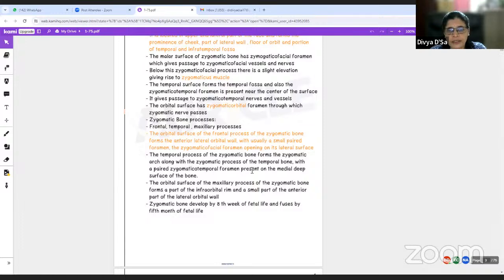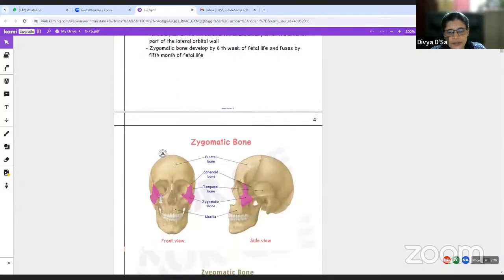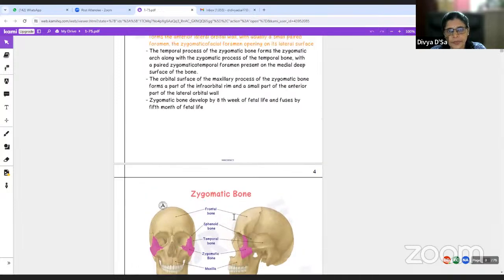On the medial, deep surface of the bone, there will be a pair of zygomatico-temporal foramina. And the orbital surface of the maxillary process of the zygomatic bone forms a part of the infraorbital rim. So you can see here, this is the part of the infraorbital rim.